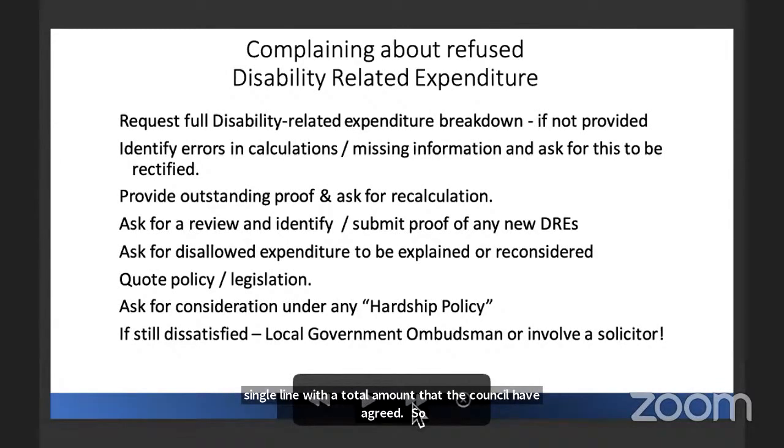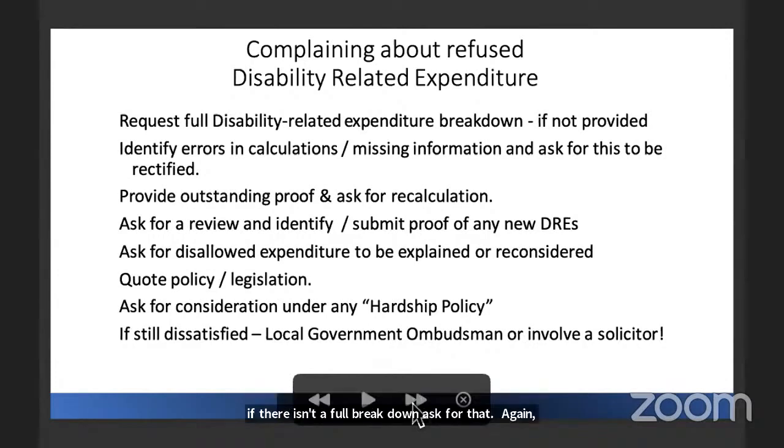And again, see if there are any errors in calculations or missing information, and ask the council to rectify that if there are miscalculations. If the council have asked you to provide receipts for the next several months, provide those receipts if you can get them, and ask them to recalculate.